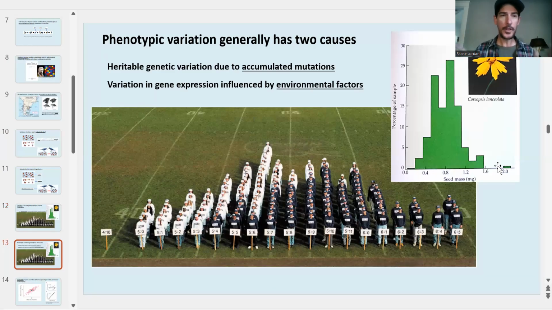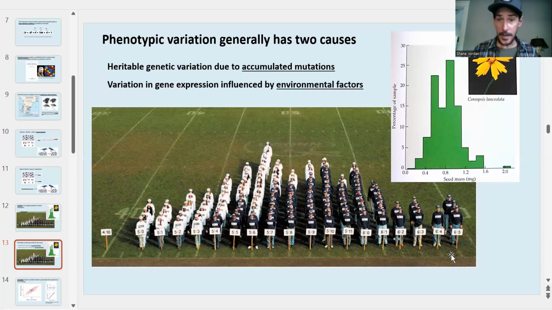And so there's this really important interaction between heritable variation that has a strictly genetic basis and variation in phenotypes that is more based on the way that the environment is causing the expression of these alleles or genes to change. And so this is one way we can explain how this variation unfolds.